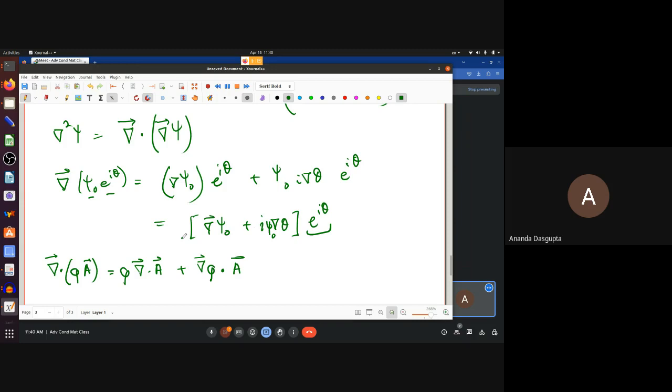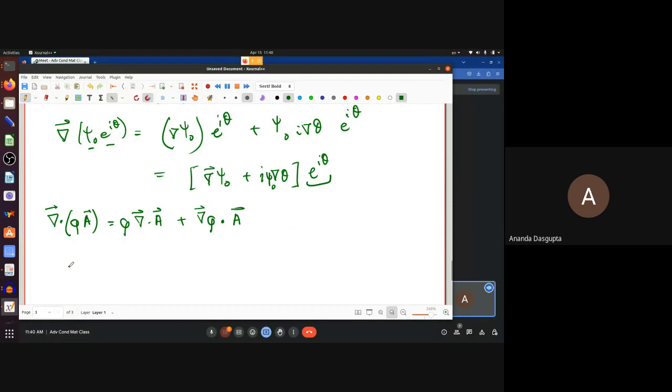Now, the divergence of this quantity. So I need to take a divergence of this times e to the i theta plus this dotted with the gradient of this. So divergence of this, what's that?